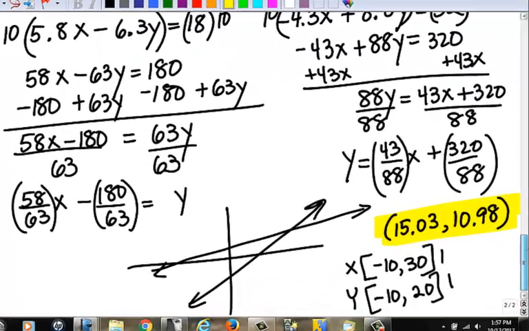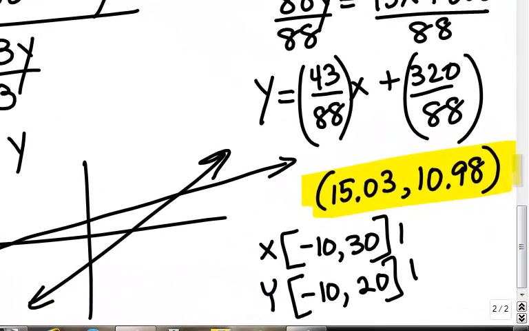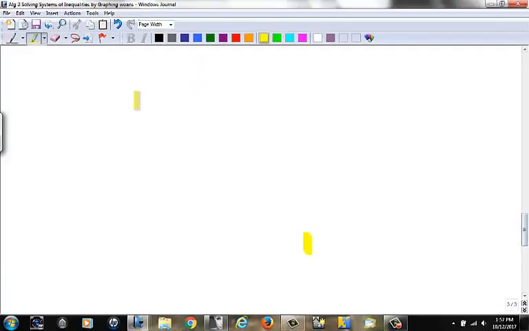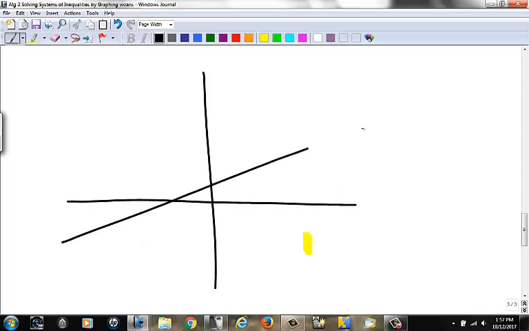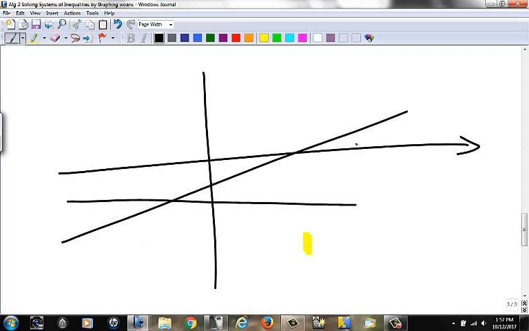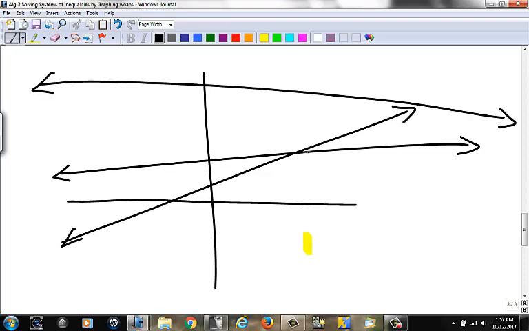Okay, so basically I wanted to get you in on the calculator. I will tell you this. If they ever give you 3 equations to graph, you still can do a point of intersection. Let's say I have 2 equations that look like this, and then there's another equation up here, and maybe I want this point of intersection.